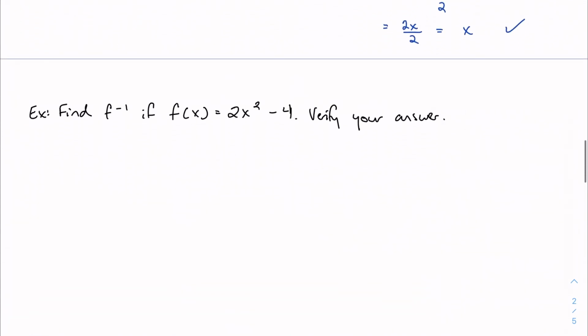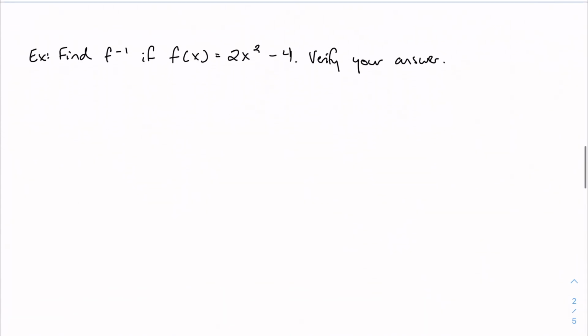Let's try one more. So find f inverse if f of x is given here. Verify your answer. Okay, so let's follow the same steps. I want to replace f of x with y. So that's just to say y equals 2x squared minus 4. I want to switch x and y.